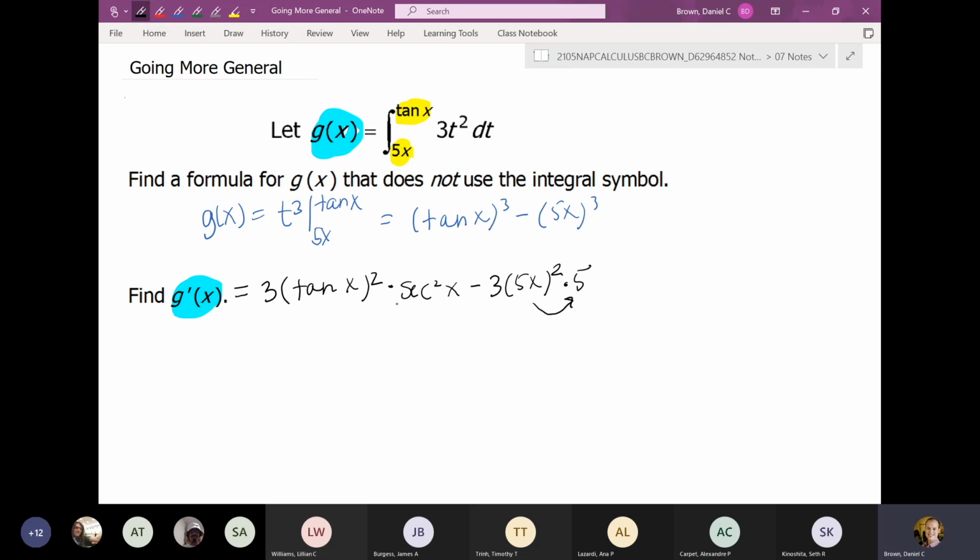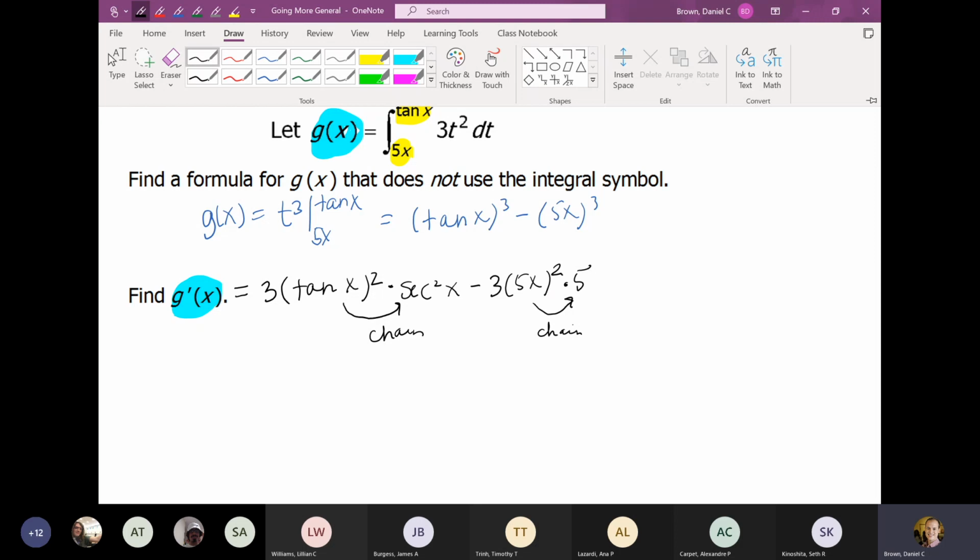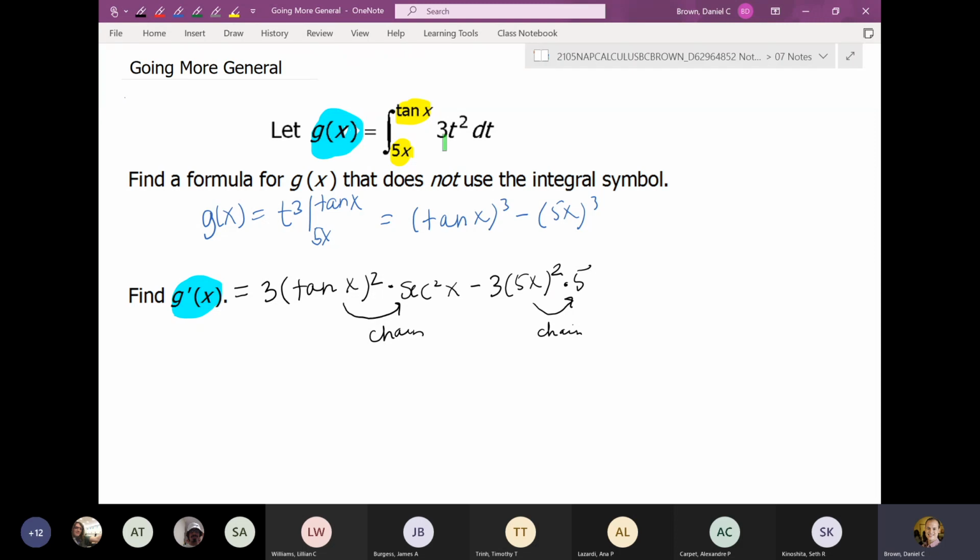So we do see this chain rule action happening. There wasn't like a constant there, so that last term didn't cancel out completely, but that would be g prime of x.